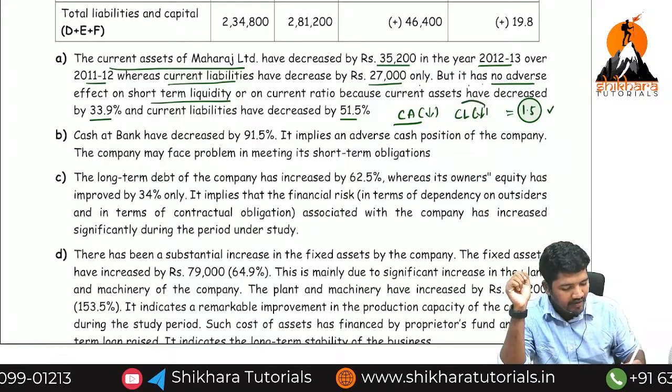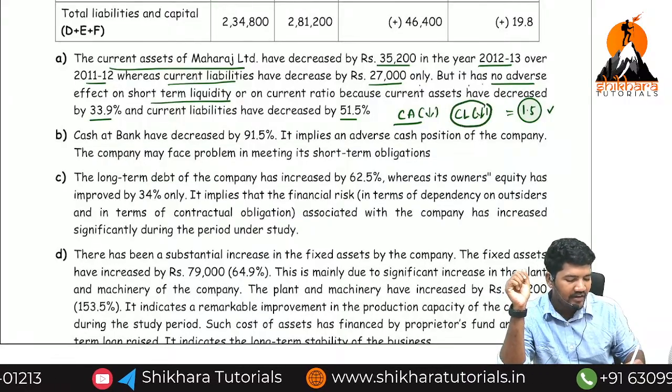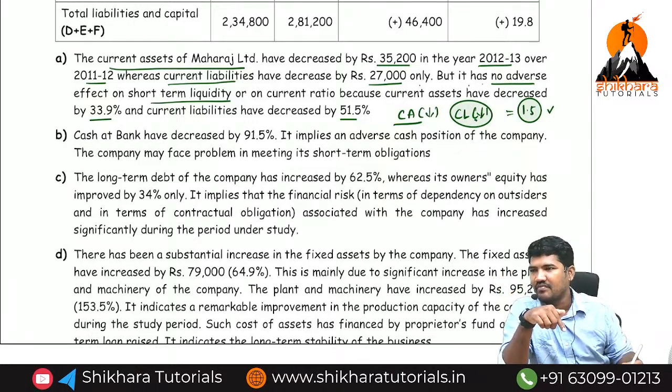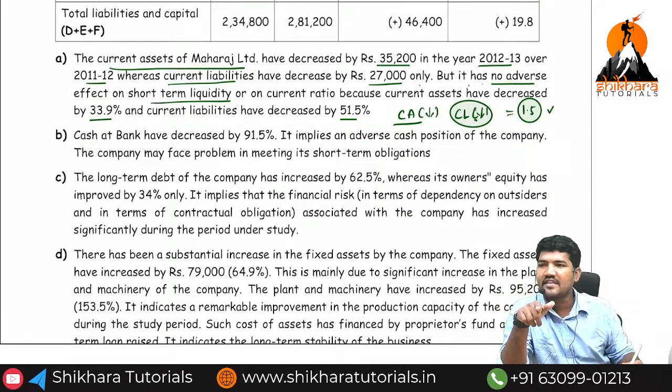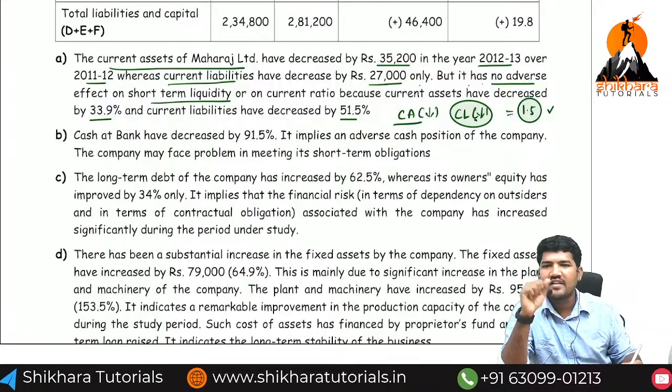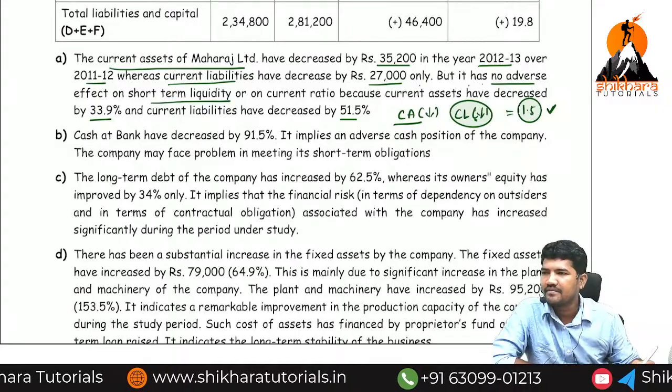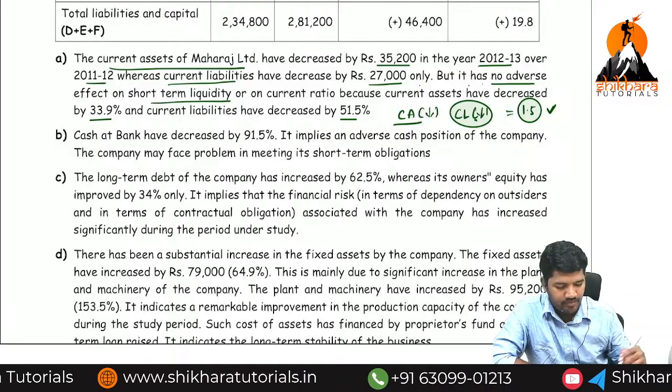But my answer does not decrease that much. Why? Because current liability also decreases. Is that decrease more than the current asset or less? More than the current asset. That's why my ideal ratio will not be affected. Guys, clear? Okay.